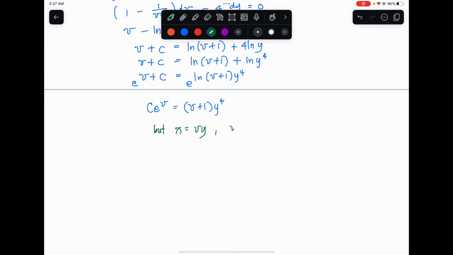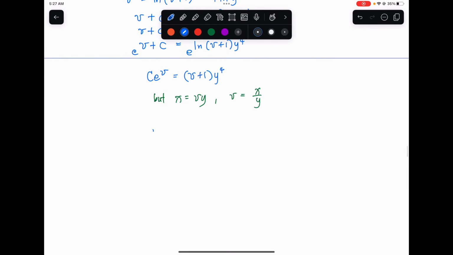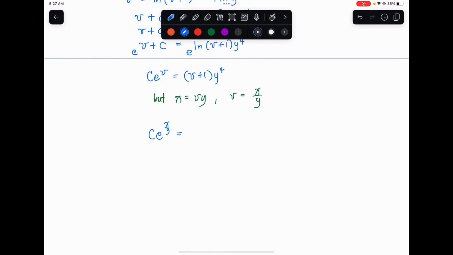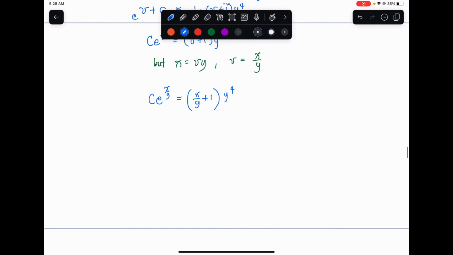So therefore, v is equal to x over y. So we substitute, so c e raised to x over y is equal to, so v is x over y plus 1 times y raised to 4.